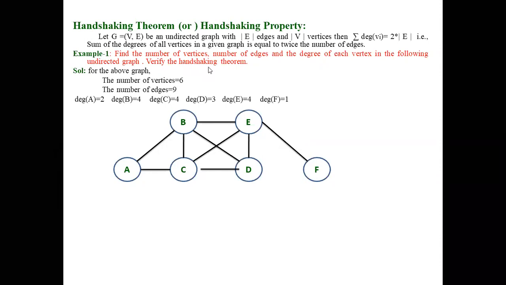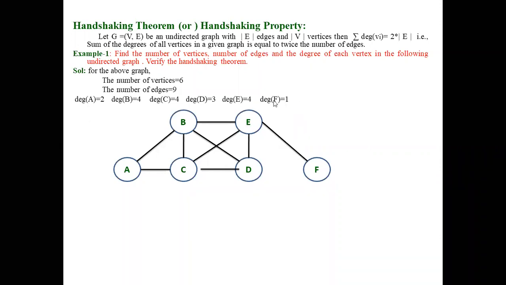So we have to check the handshaking property. The property is sum of degrees of all vertices in the graph is equal to twice the edges. So here degree of all vertices is 2 plus 4, 6, 6 plus 4, 10, 10 plus 3, 13, 13 plus 4, 17, 17 plus 1, 18.